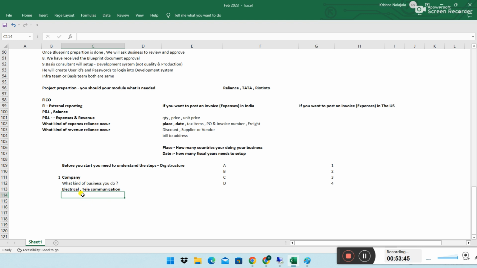Now, if you want electrical separate and telecommunication separate, then my next question is, in how many countries are you doing your business, right? Why am I asking how many countries? I should know in how many countries you are doing business so that I can set up my system accordingly, right? Yes or no? Yes, sir.